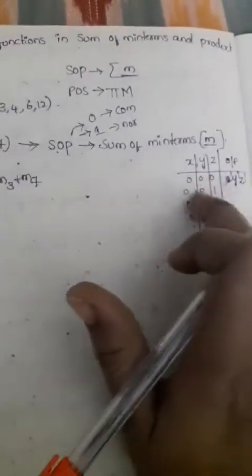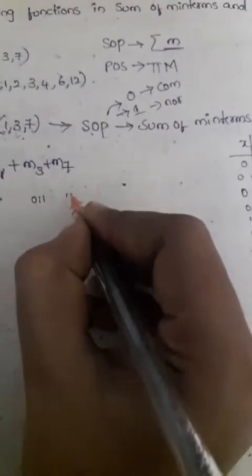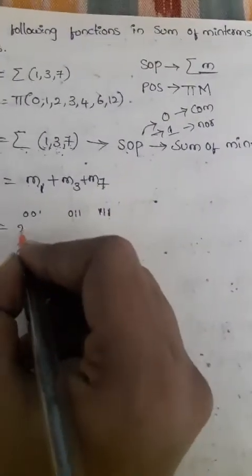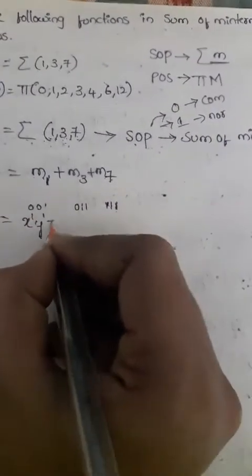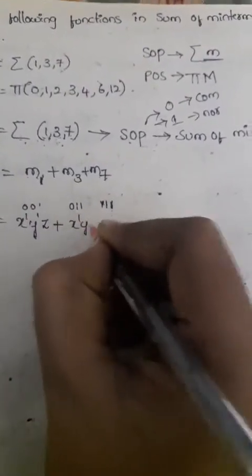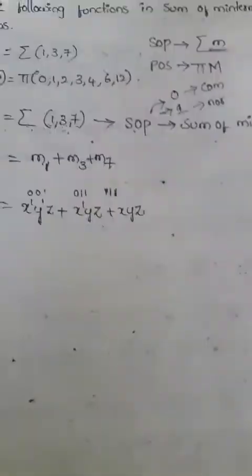So first, m1 is nothing but the first place, 0 0 1. So 0 0 1, this is m1, and m3 is nothing but 0 1 1, and m7 is nothing but triple 1. Okay, so based on this binary information we have to express the Boolean function. So that is nothing but x complement y complement z, plus x complement y z, plus x y z.